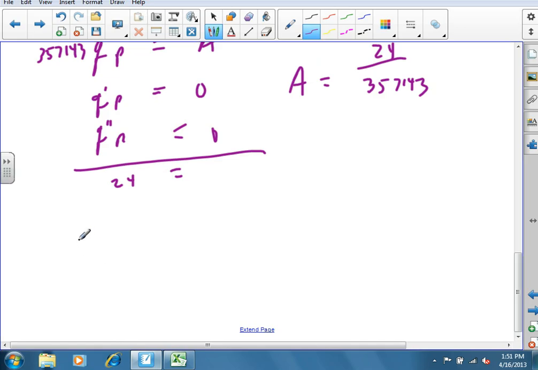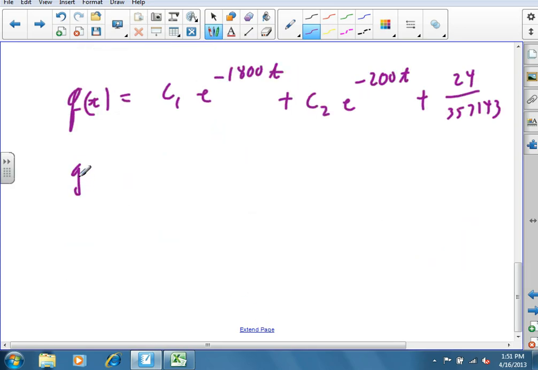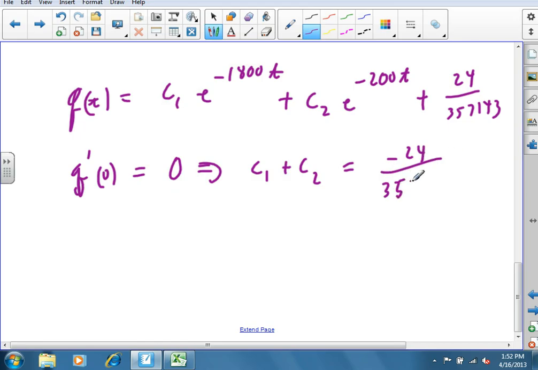Alright, so Q of t is equal to C1 e to the minus 1800 t plus C2 e to the minus 200 t plus 24 divided by 357,143. Applying an initial condition, Q at 0 is 0, that's going to imply that C1 plus C2 is equal to minus 24 divided by 357,143.